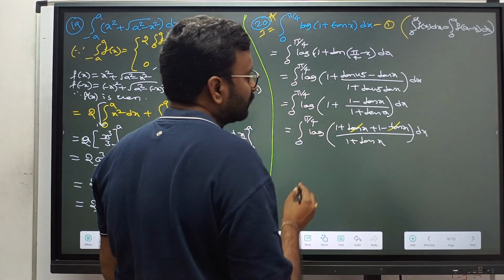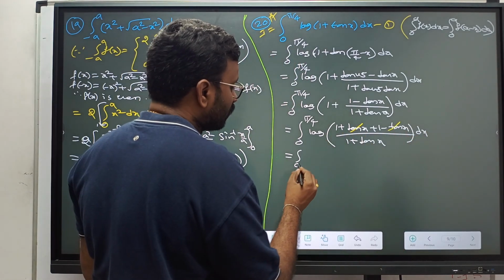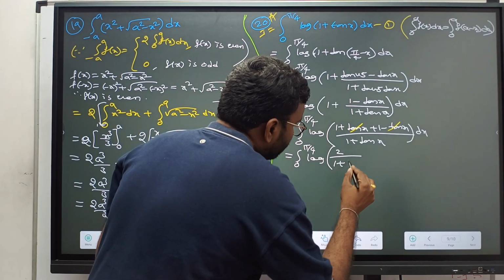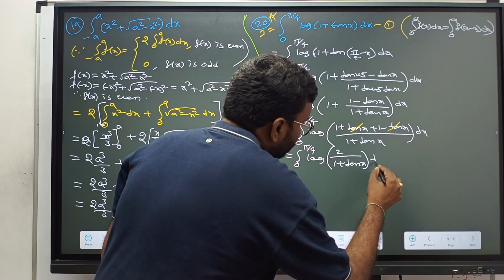Tan x, sorry, not log x. 1 plus 1 is 2. Integral 0 to pi by 4 log of 2 by 1 plus tan x into dx.